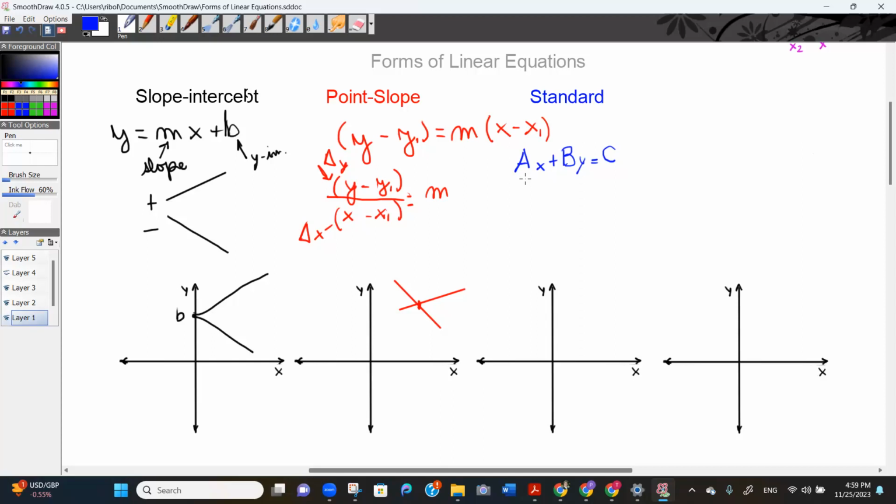It is also very nice for finding the intercepts of the line.